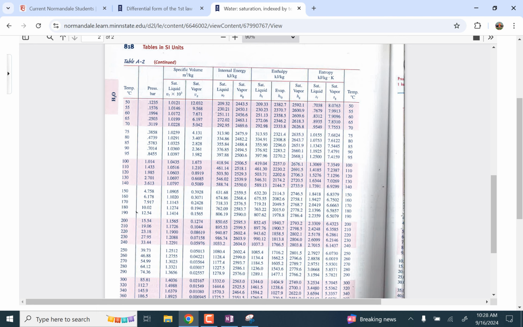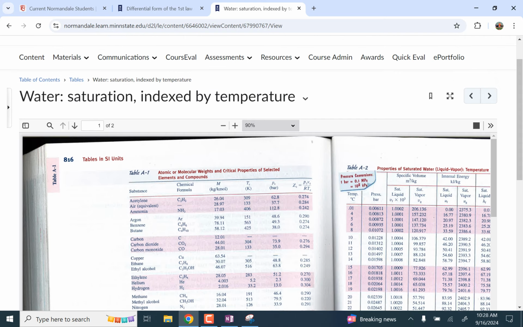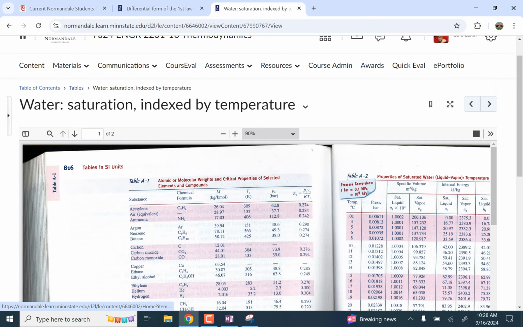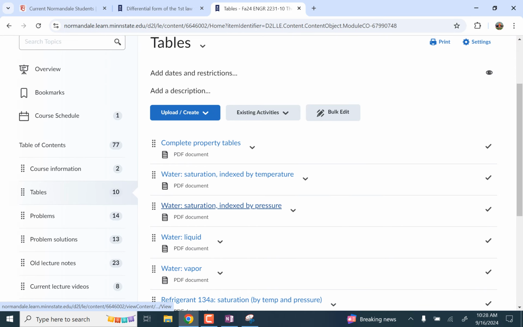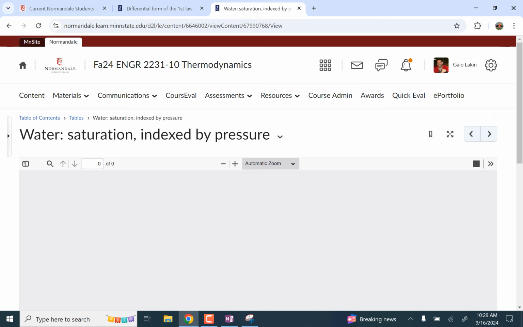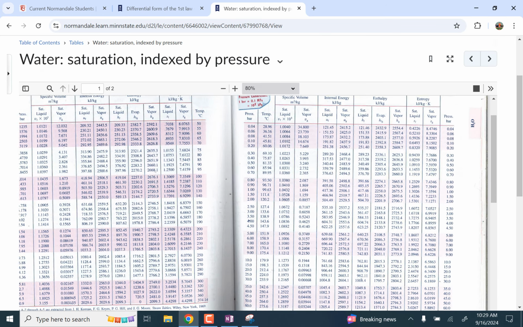Okay, so that is a saturation table. And then there's also a saturation table for water indexed by pressure. It's the same thing. It's just that you look it up in terms of the pressure instead of the temperature.